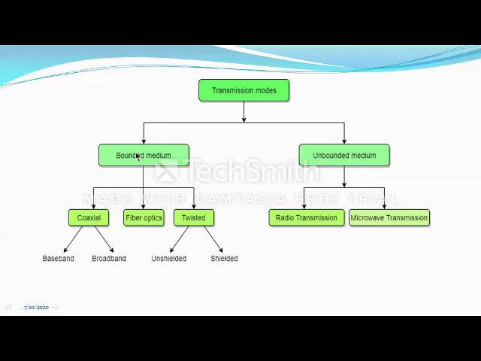Transmission media are divided into two modes, bounded medium and unbounded medium. Under the bounded medium, there are cables: coaxial cable, under which there are baseband cable and broadband cable, fiber optics, and twisted cable. The twisted cable may be unshielded or shielded.